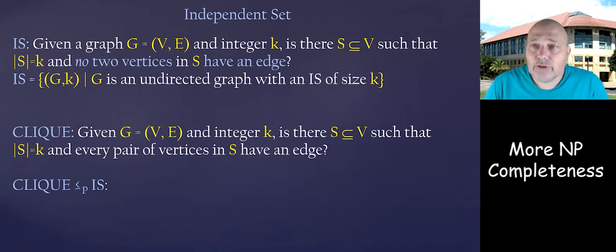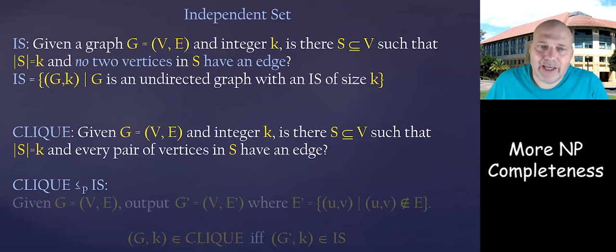We have already shown that clique is NP-hard, and this will show that independent set is NP-hard. For both of them, by the way, we have shown that they are in NP already a couple of videos ago. So showing that they are NP-hard means that they're also NP-complete. I'll let you pause me and come up with this reduction.